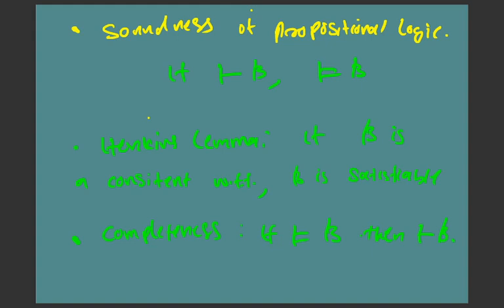We also want to prove the other direction, completeness, that we can actually prove every valid statement. For that we need Henkin's lemma, which says that if beta is a consistent well-formed formula, then beta is satisfiable. And once we prove this Henkin's lemma, then we can show completeness: if beta is a tautology, then beta is also derivable.